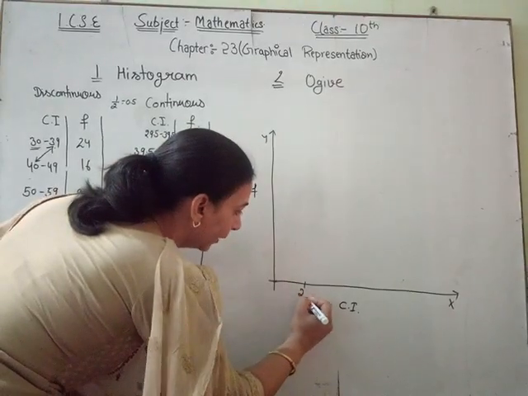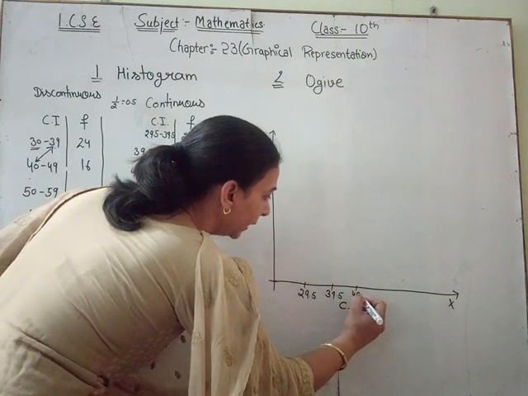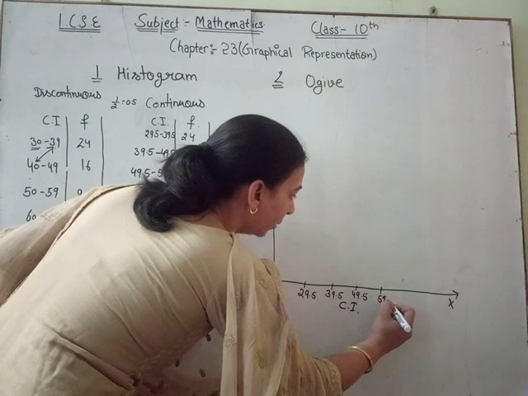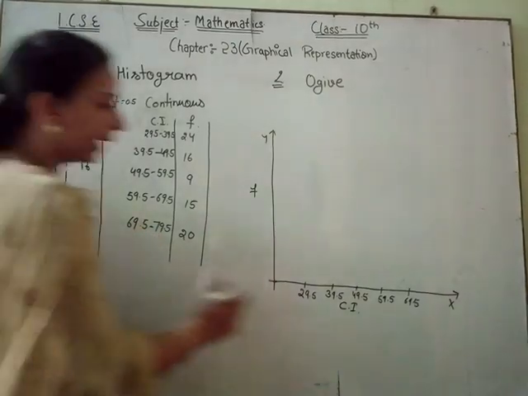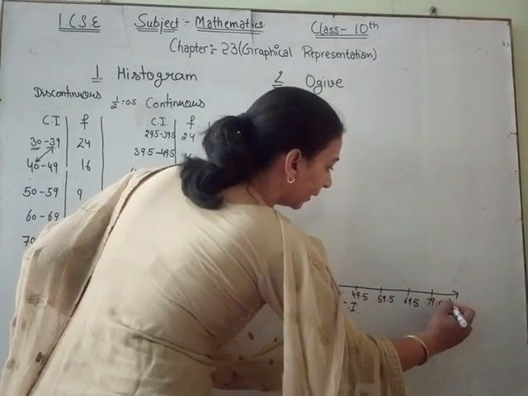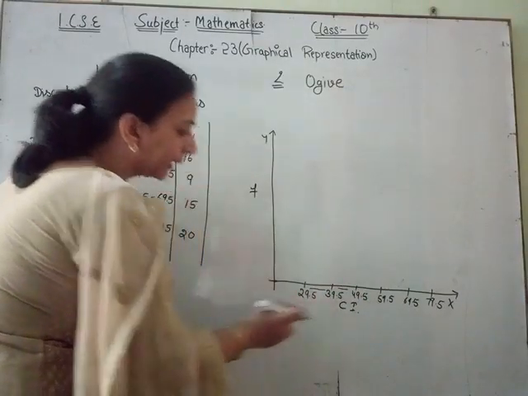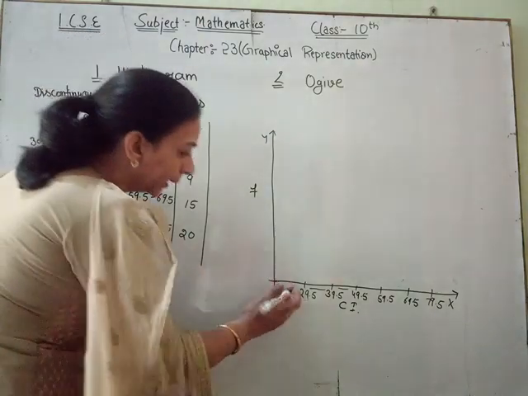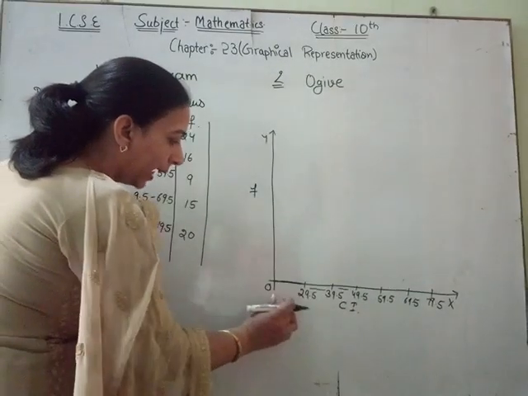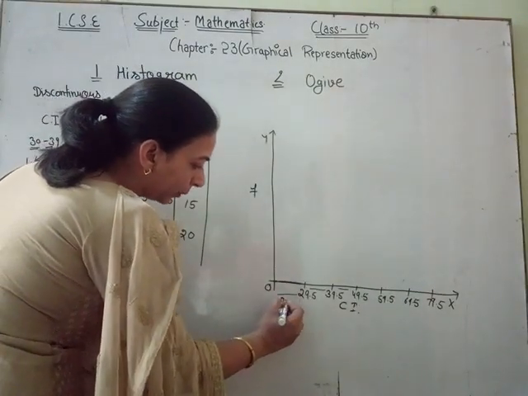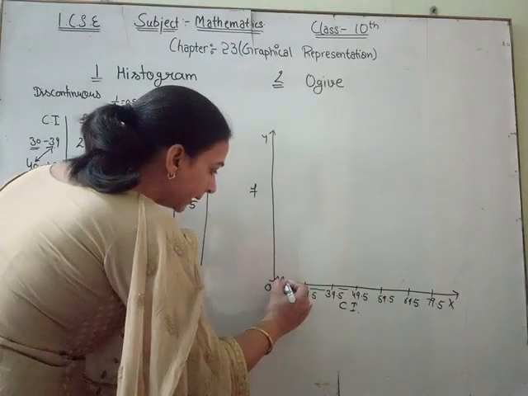I take 29.5, next 39.5, 49.5, 59.5, 69.5, and last 79.5. The difference between these is 10 units, but from 0 to the first point the difference is 29.5, so we take a zigzag break.